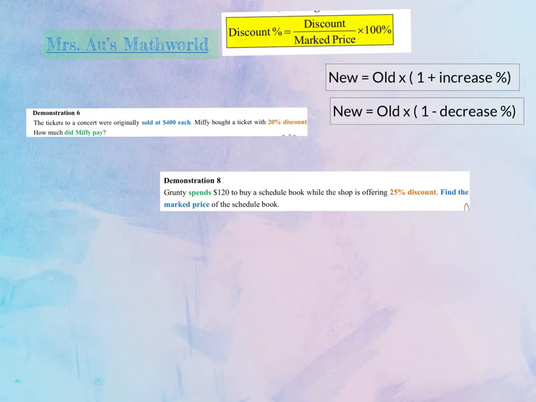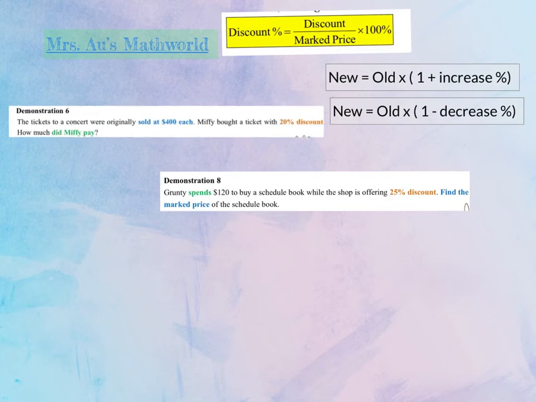This time, Mrs. How wants to discuss two questions together and see if you really understand. So you see that in both questions, we are talking about the original price, right? And then you buy it with a discount. Original one, market price, offer a discount, you get the new price.